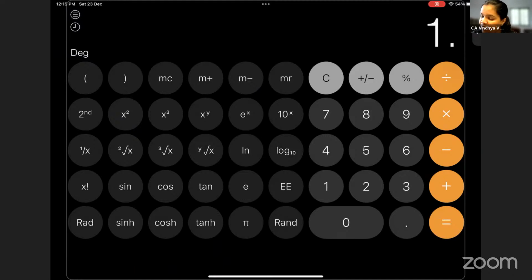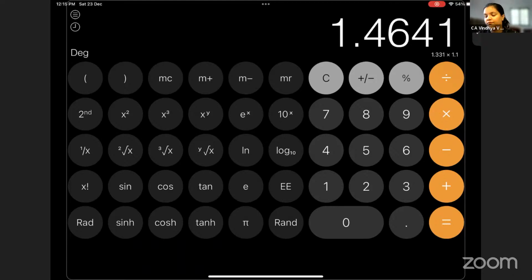Start with 1.1 to the power 4. Now take this to the memory, M plus. Why? Because that is there in the denominator. 1.1 to the power 4 is there in the denominator. Minus 1 divided by 0.1.